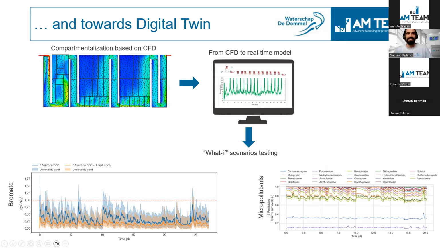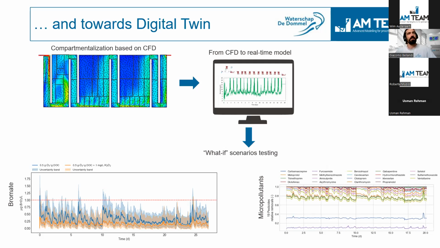There we go. Thank you. What you see here is the conceptual workflow that brings a very highly detailed CFD plus kinetic simulation toward a dynamic simulation.